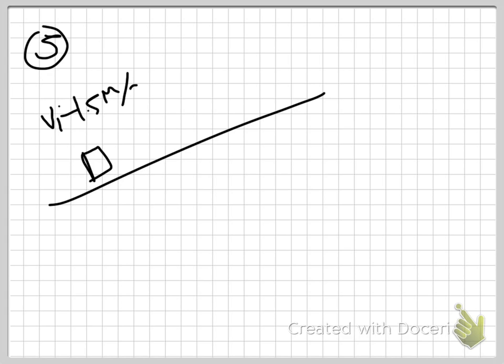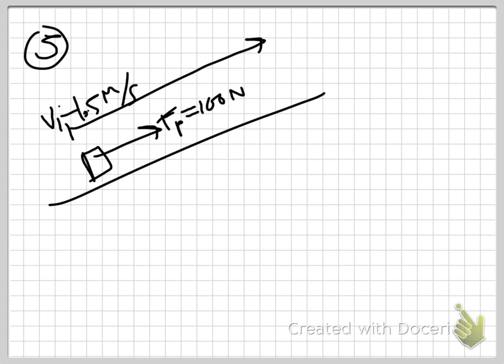It's pretty clear. Okay, so we have a 10 kilogram crate. It is being pulled up a rough incline. It has a vi of 1.5 meters per second. It moves up this incline. There is a pulling force, so the force of the puller is 100 newtons.